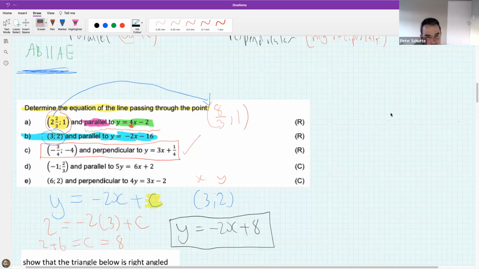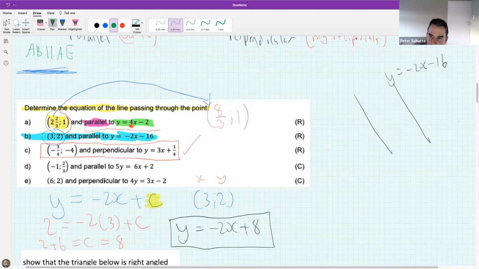So, Lolita, what happened is, in the question, we want to find a straight line which is parallel to -2x - 16. Let's say these are two lines and they're parallel. Actually, they probably should be facing the other way. So if I have two lines, we know the equation is -2x - 16.